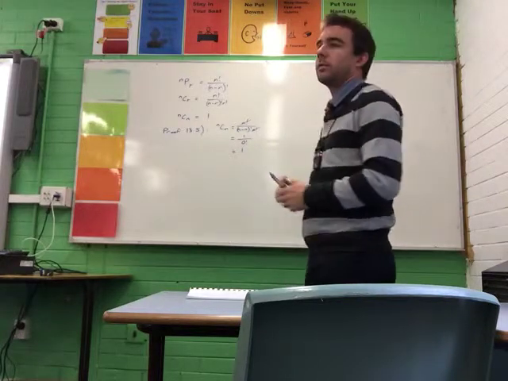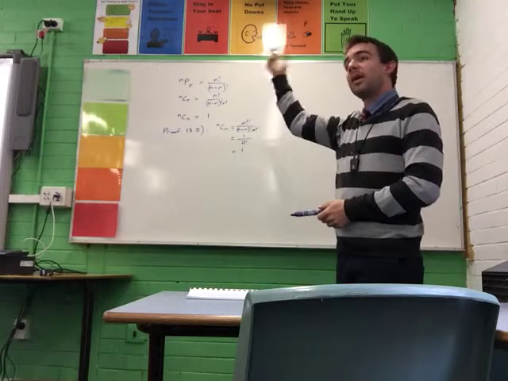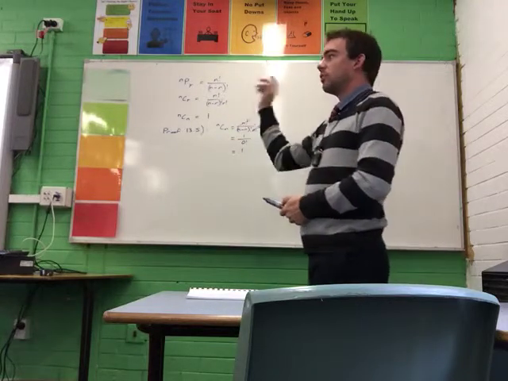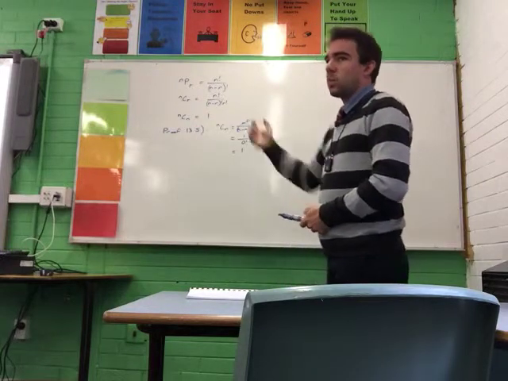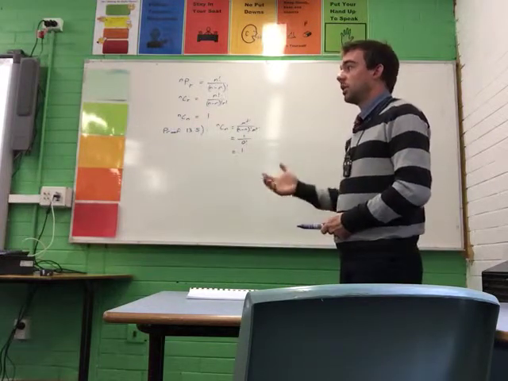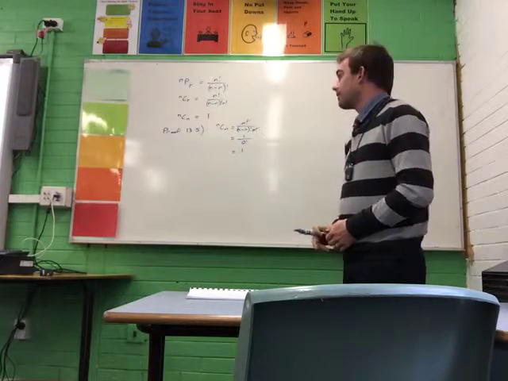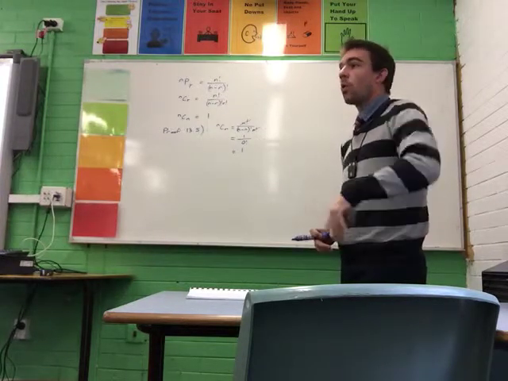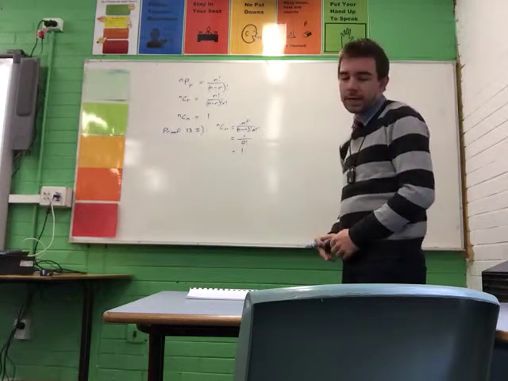Okay, if you're going to use one of these formulas, or like last lesson where we had to draw a diagram and then work through the diagram, where we didn't actually use any permutation notation. That's one of the things you need to do: work out how you're going to approach the question, and then find the total number of arrangements, or from that find the probability of some favourable outcome.